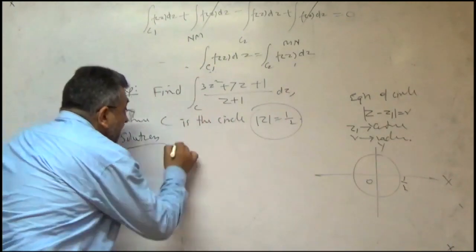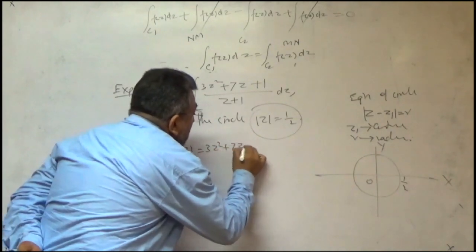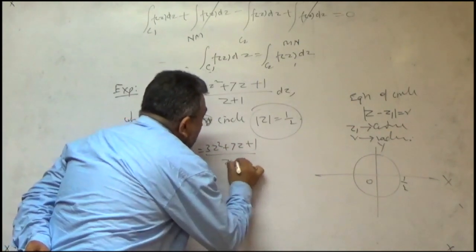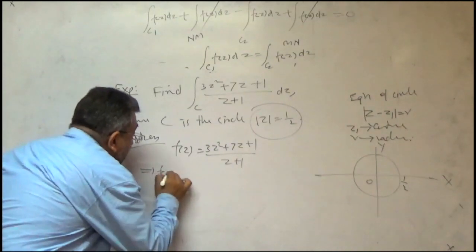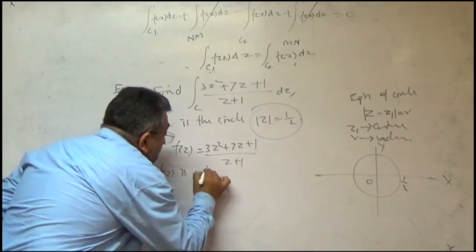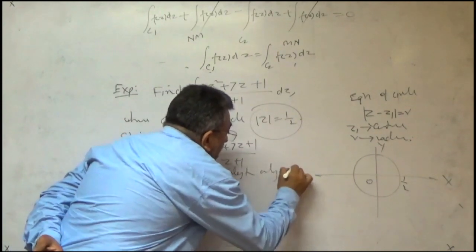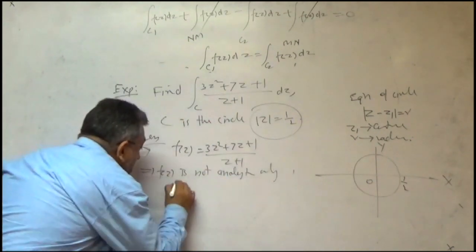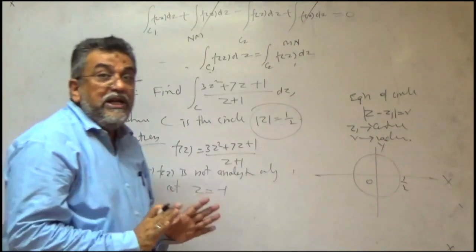And here f(z) is (3z² + 7z + 1) upon (z + 1). We see that this function f(z) is not analytic only at z = −1, which is the only singular point.